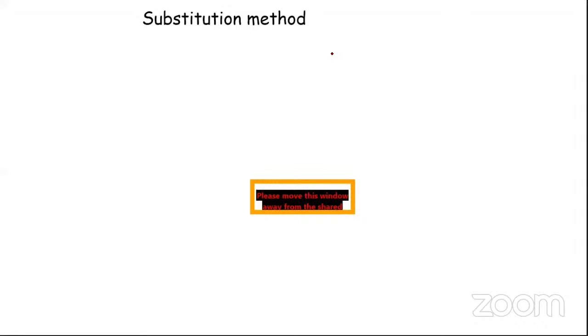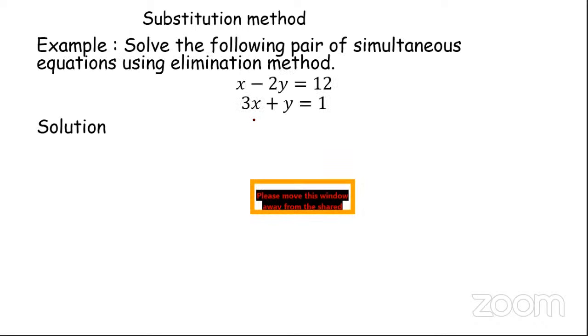So in substitution, that is where we pick one equation and we make one of the variables the subject of the formula. I think we looked at the subject of the formula some weeks back, so that won't be a problem. So after getting the subject of the formula, then we substitute that value in the second equation.